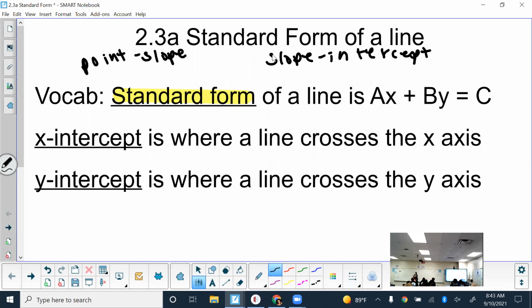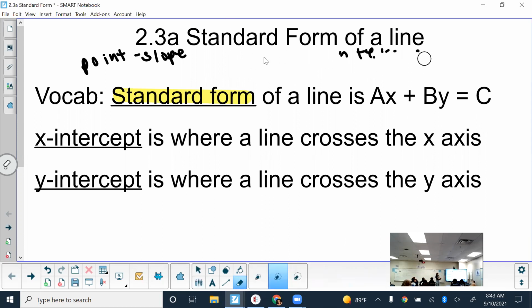So like standard, I think like ABC, right? That's like the standard alphabet, I guess you could say. That one's just the oddball. All right, it doesn't really tell you what you need. So this one is just AX plus BY equals C. Now I'm gonna have you write this part down or make arrows to it, highlight it, something.